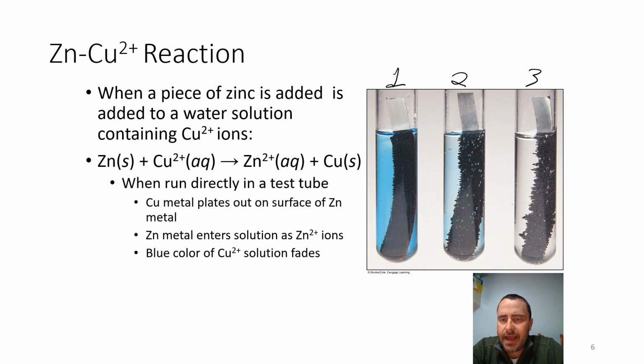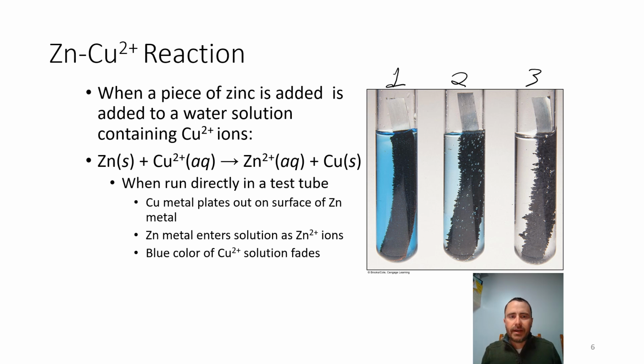And as that happens, there's fewer and fewer copper-2 cations, and so the solution is getting lighter and lighter blue. Once you go to number 3, notice that it almost doesn't look blue whatsoever. It looks colorless. At that point, all of the copper-2 has gone and plated out on the solid zinc.